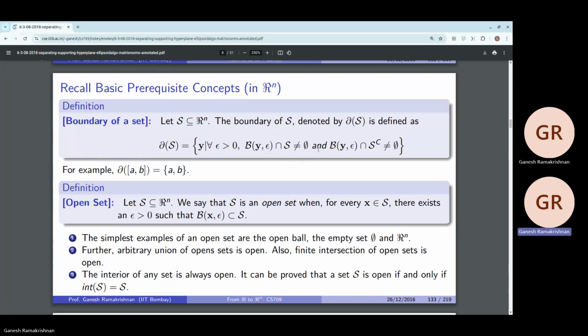What is a closed set? One way is saying that it has all its boundary points. The other way is to say that a set is closed when its complement is open.